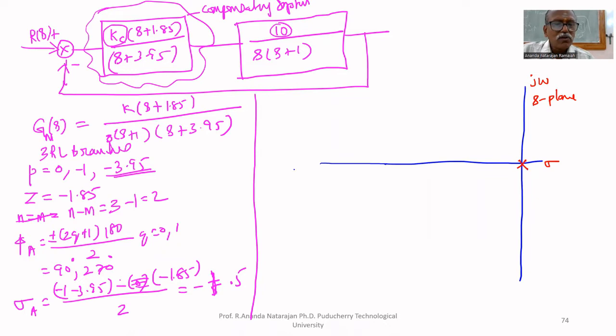The poles are one pole at 0, another pole at minus 1, and another pole at minus 3.95, with the axis marked minus 2, minus 3, minus 4.